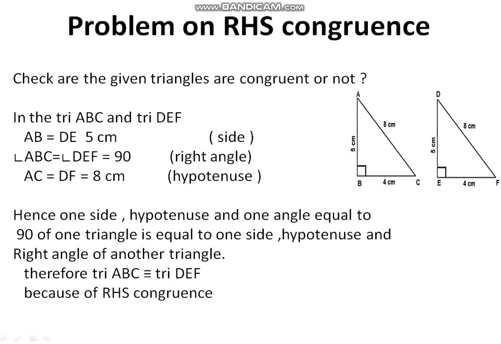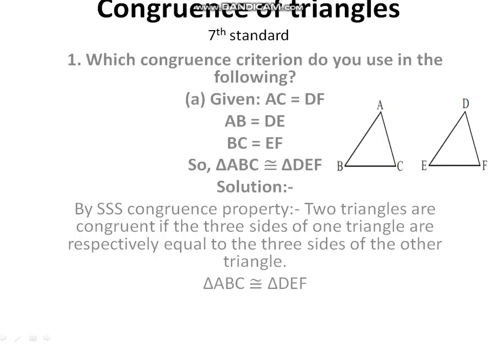Therefore AC is equal to DF, equal to 8 centimeters. Hence one side, the hypotenuse, and one angle equal to 90 degrees of one triangle are equal to those of the other. Hence these two triangles are congruent to each other because of the RHS congruency.